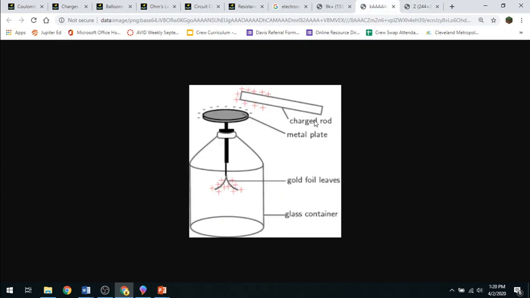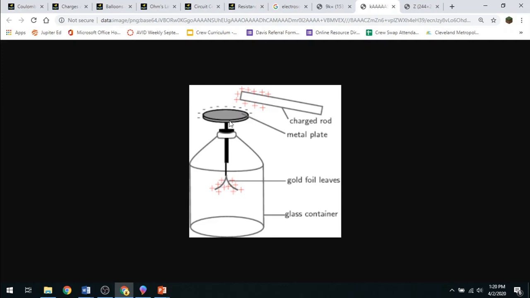So you would move an object close to the top, and that would affect where the charges are inside the material. And so, for instance, if you moved a positively charged rod, in this case, close to the electroscope, then inside the bottle, the little gold leaves would start pushing each other away.